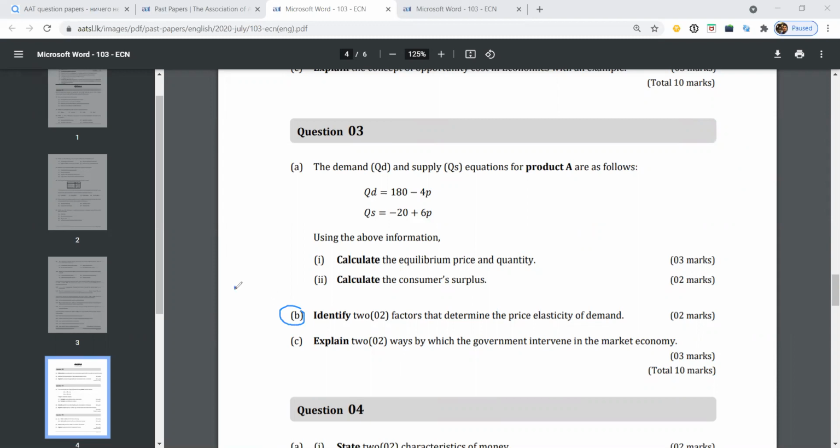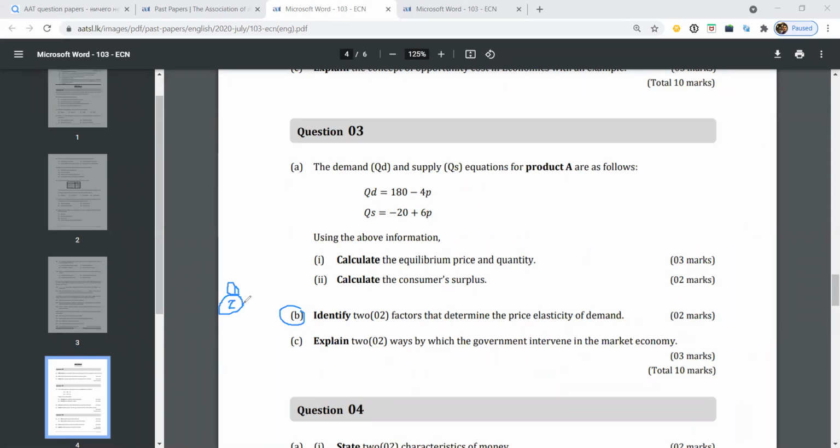First one, availability of substitutes, degree of necessity, then percentage of income spent on the product, time, right? These are factors affecting price elasticity of demand.